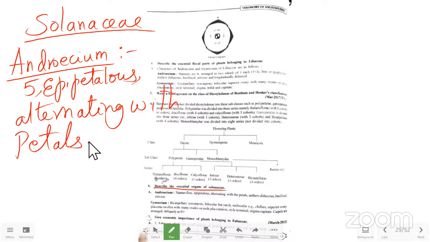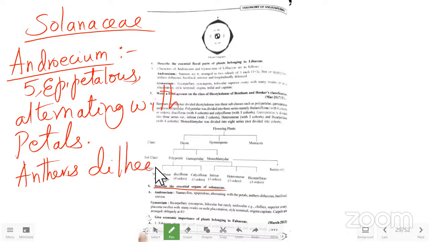Till now we said how they are present in the flower. Now we have to say how the anther lobe is present. The anthers are dithecous, basifixed. Basifixed means the filament is attached to the anther lobe at its base.